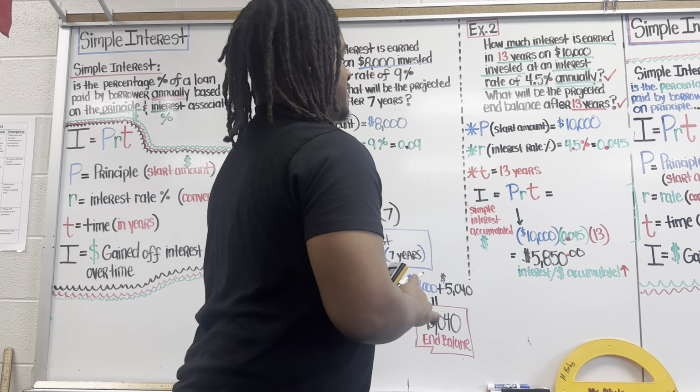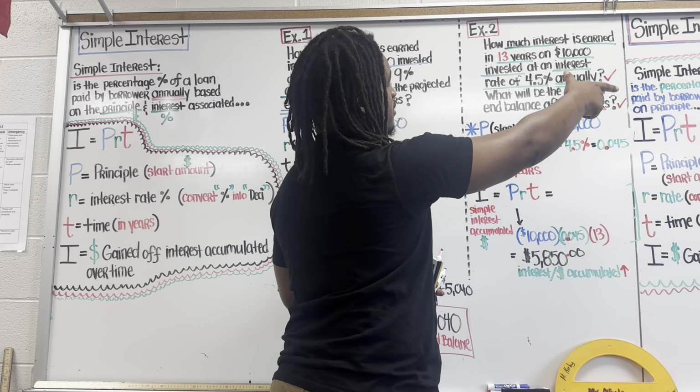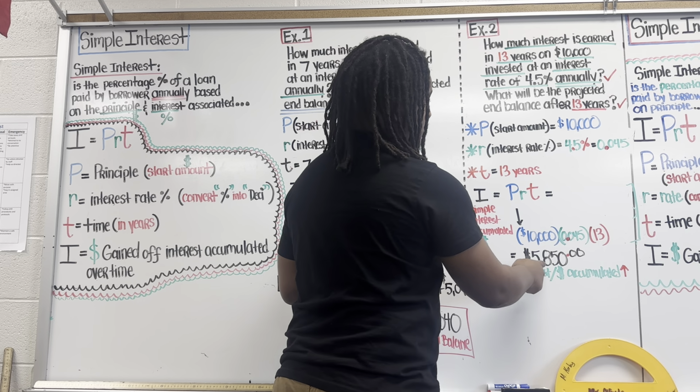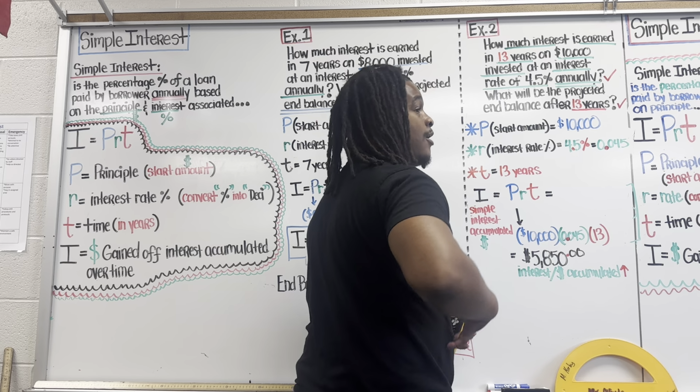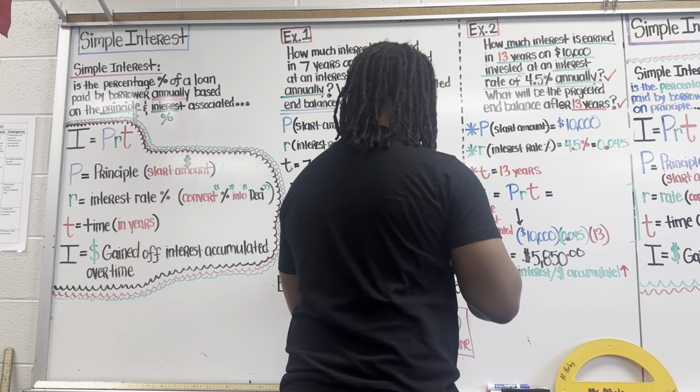All right, so that is the answer to the first question, guys. They want us to know how much interest is earned. So on $10,000, an extra $5,850 is earned off that initial principal of $10,000, okay?